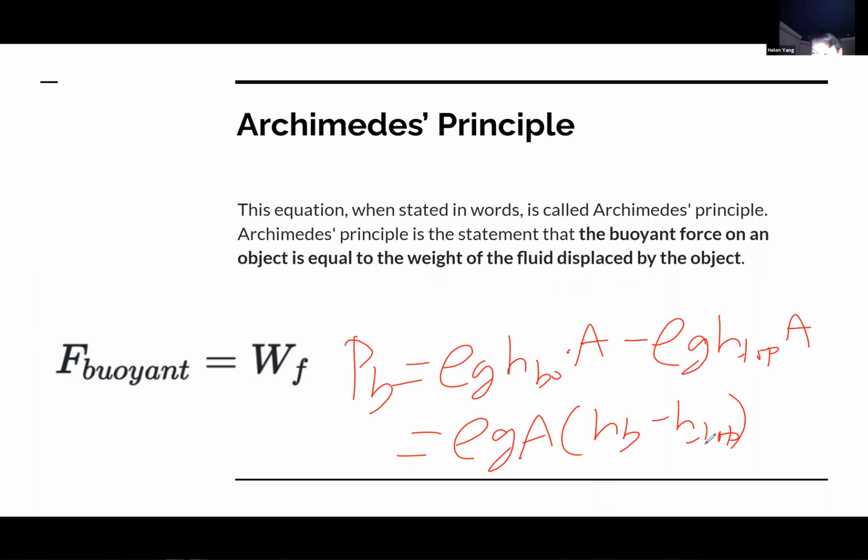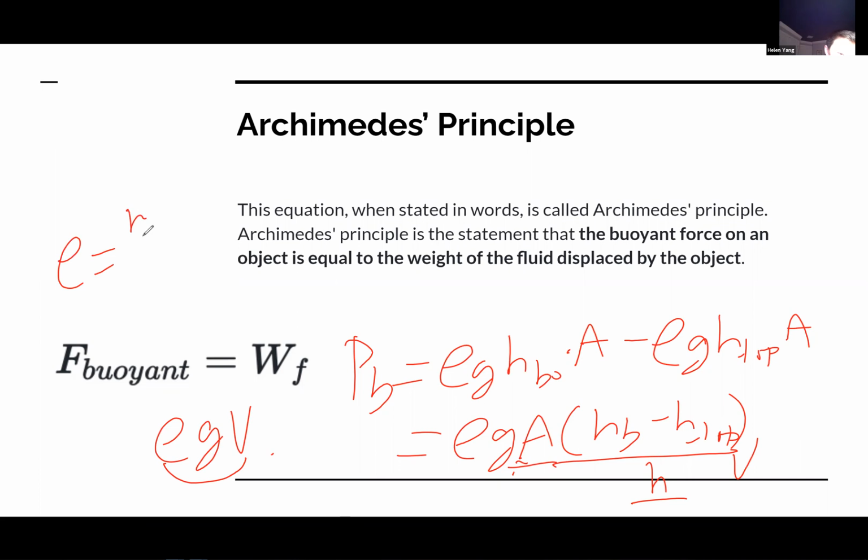So this would just be the change in height of the can, which is just the total height. And you know that the area times the height is just the volume, so it'd be rho times g times V. And rho times V is just m because of the density equation.